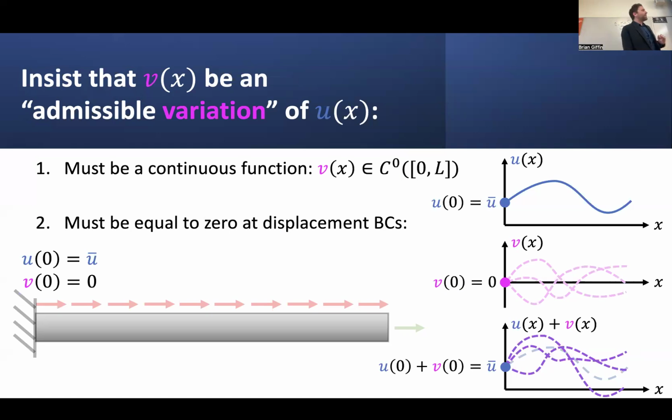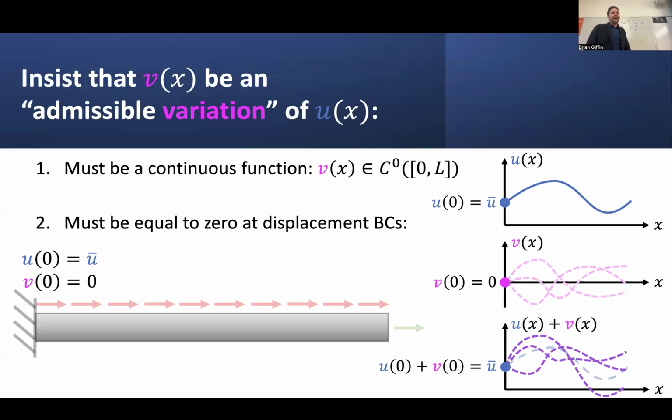Now it actually stands to reason that if we're considering this test function as in fact a virtual displacement field, it makes a little bit more sense why we're imposing some of these constraints or requirements on how these test functions can be defined.